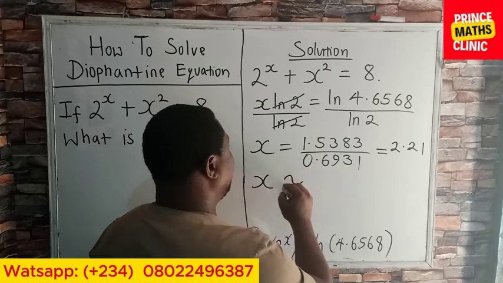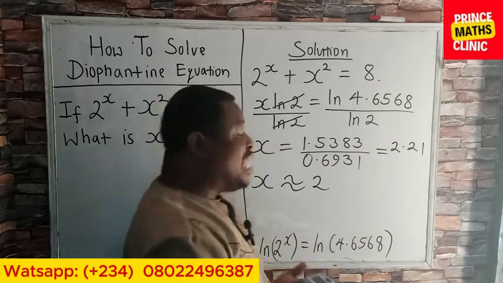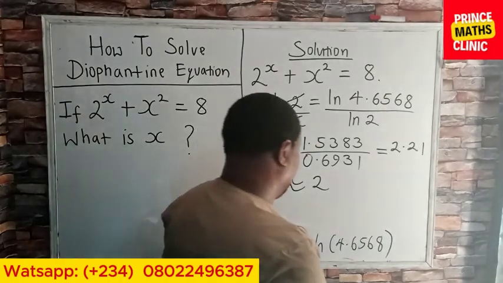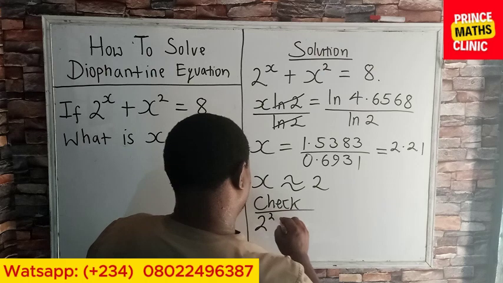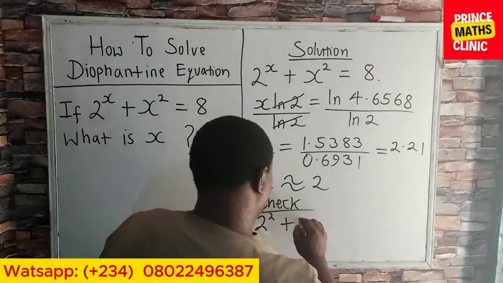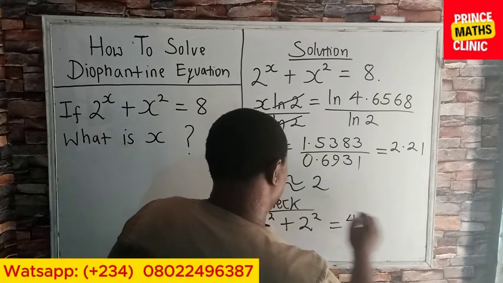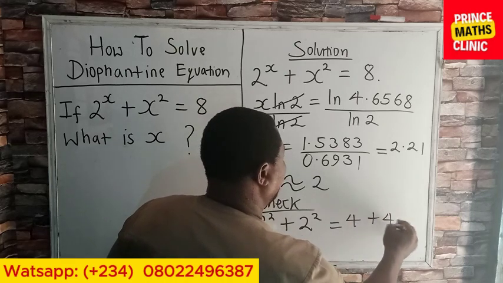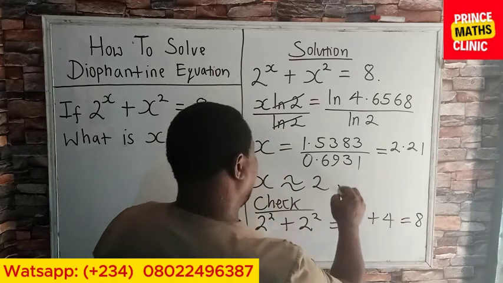So that gives me an approximate value of 2. And let's check if we are correct. If x is 2, this is 2 to the power of 2, then this is 2 squared. 2 to the power of 2 is 4, then 2 squared is 4. 4 plus 4 gives us 8, which means the value for x is correct.